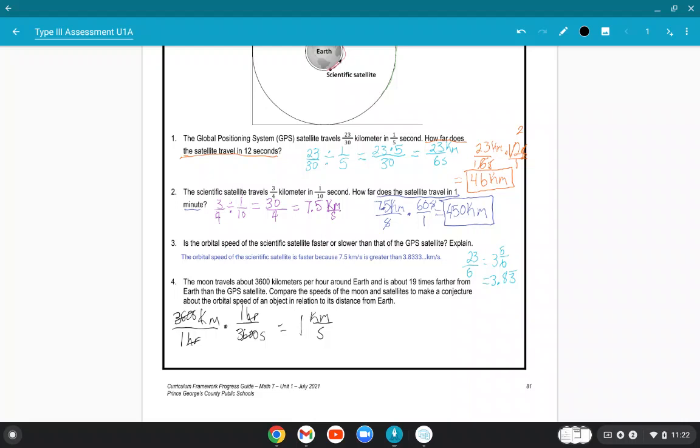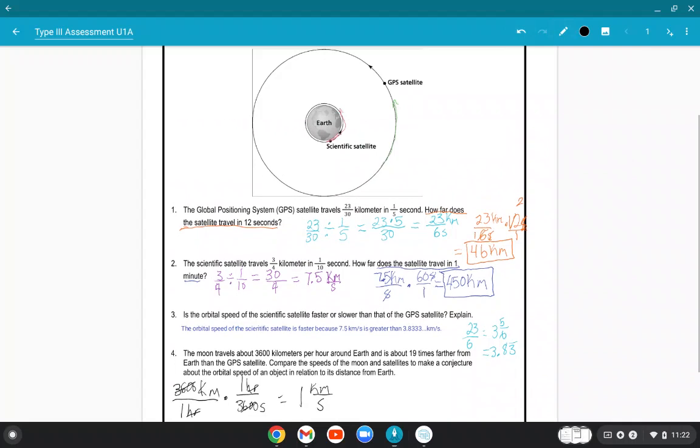So notice the moon is 19 times farther than the GPS satellite. And we notice, back to this picture, not only is the moon 19 times farther, the scientific satellite is the closest to the Earth.